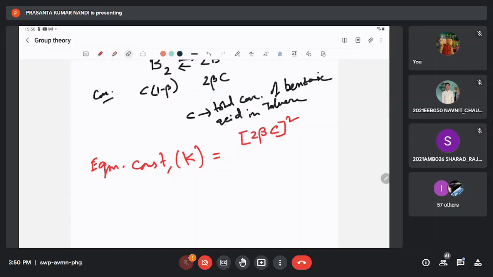We should not write the square bracket because these are concentrations. So we write this whole square by the monomer concentration, that is C into (1 minus beta). On simplification, provided beta is very small, one can easily see 4 beta squared C.